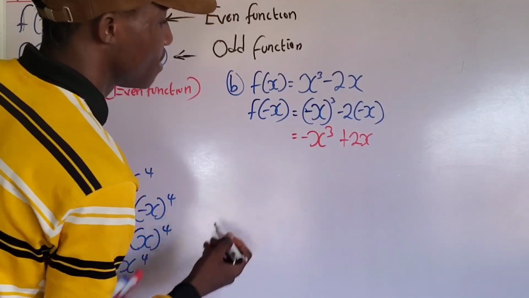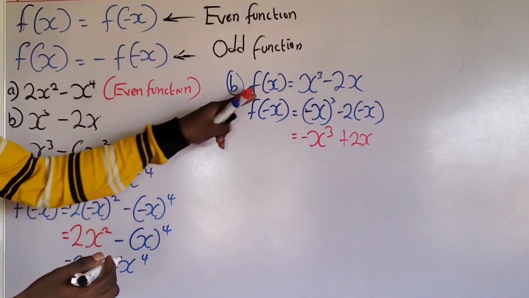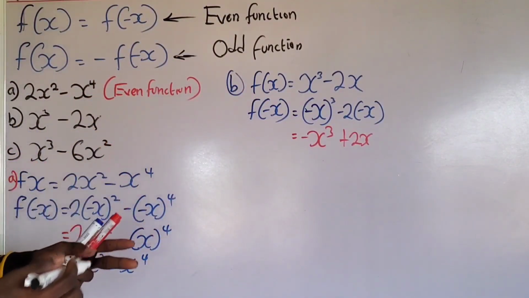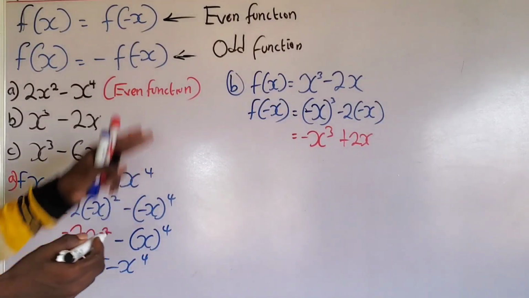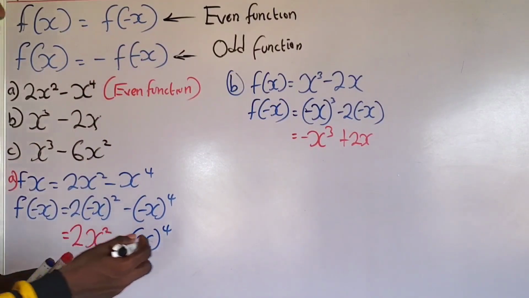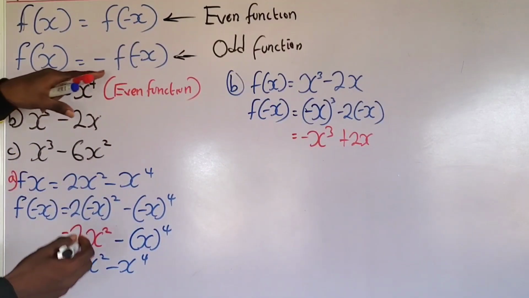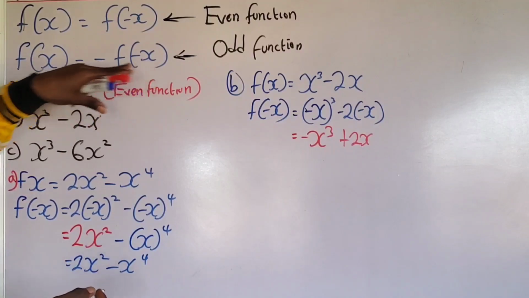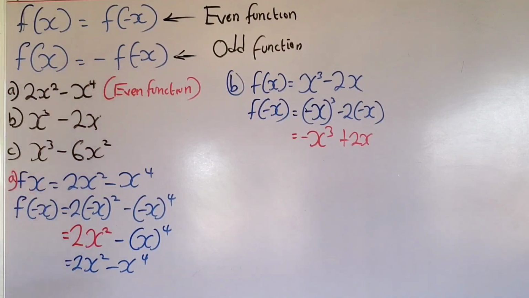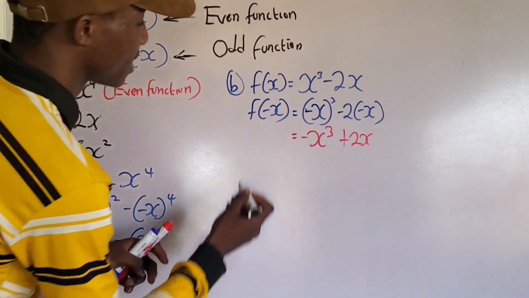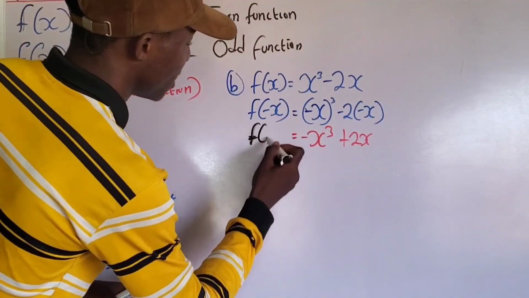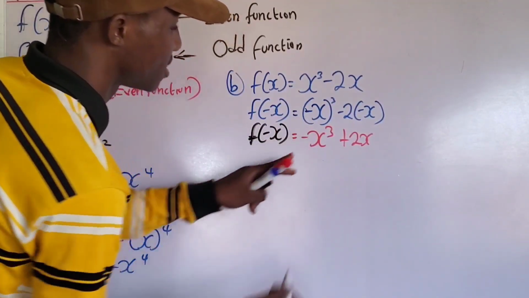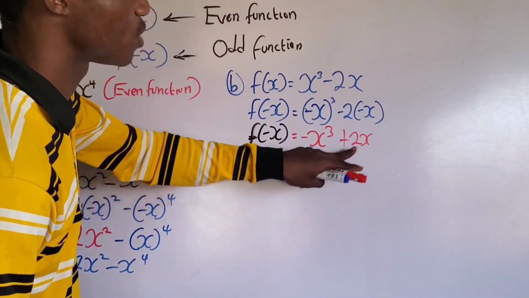We have already proven that it is not an even function. So for an odd function, all you have to do is multiply f of negative x by a negative sign. And don't forget that f of negative x is minus x to the power of 3 plus 2x.